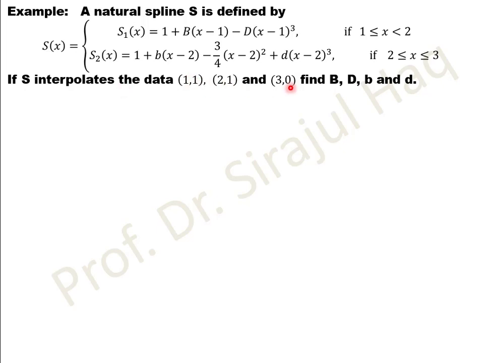Not necessarily their points will be given to you, like these are the data points: x0, f of x0. Here S1 has been used, so this will be x1, f of x1, this will be x2, f of x2, this will be x3, f of x3. So S1 is the spline between these 2 points and S2 is the spline between these 2 points. The target is to find the value of capital B, capital D, small b and small d.